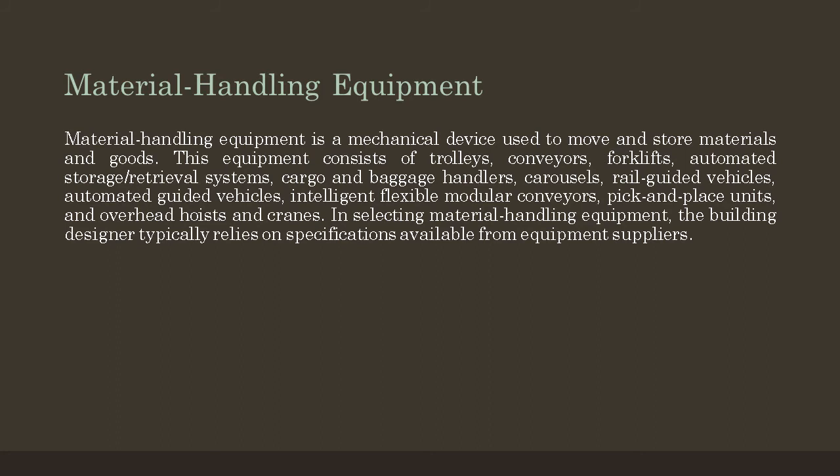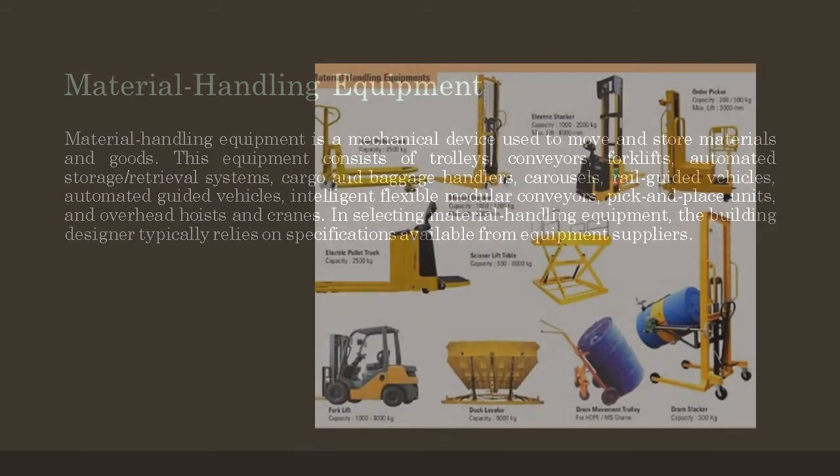This equipment consists of trolleys, conveyors, forklifts, automated storage or retrieval systems, cargo and baggage handler carousels, rail-guided vehicles, automated guided vehicles, intelligent flexible modular conveyors, pick-up and place units, and overhead hoists and cranes. In selecting material handling equipment, the building designer typically relies on specifications available from equipment suppliers.